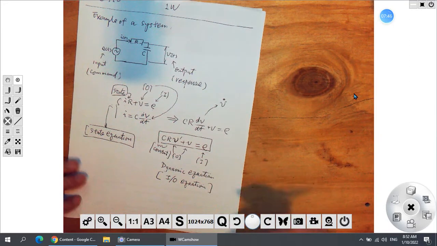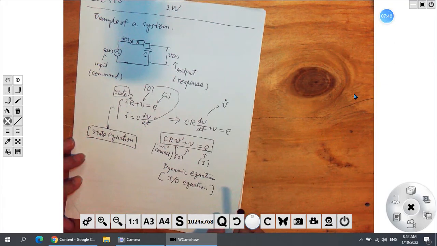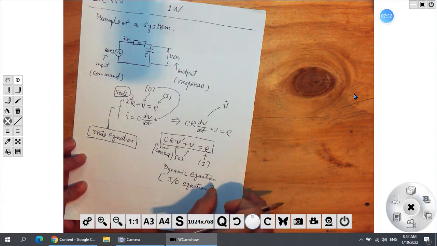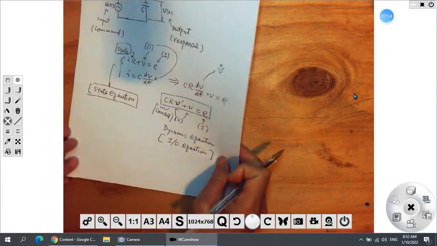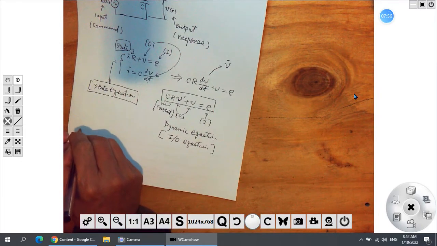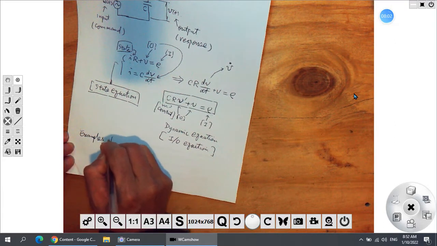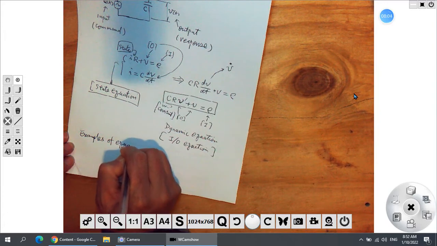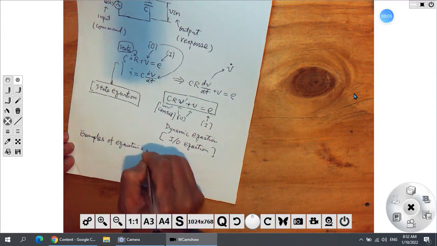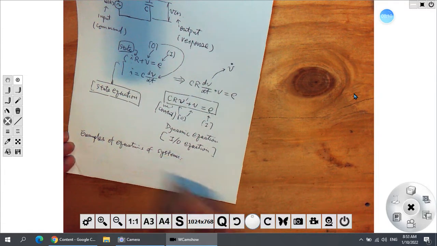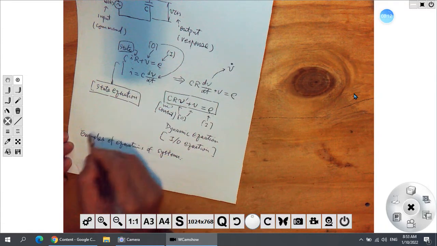Right. So this is for a system. This is just an example, but we can have more complex things. We can have a state equation.